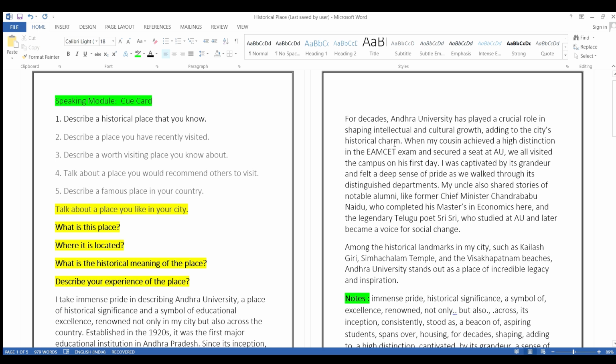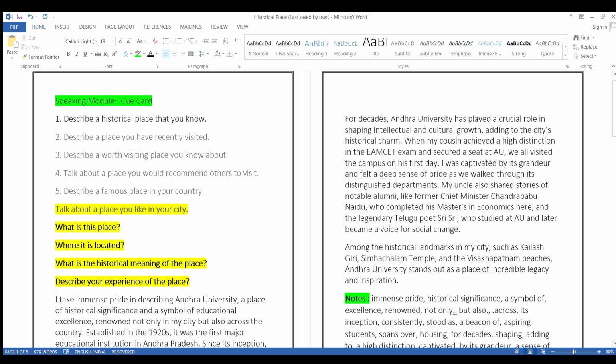Charm is beauty. When my cousin achieved a high distinction in the MCET exam and secured a seat at AU, we all visited the campus on his first day. How were we into that? Because of this reason. I was captivated by its grandeur and felt a deep sense of pride.